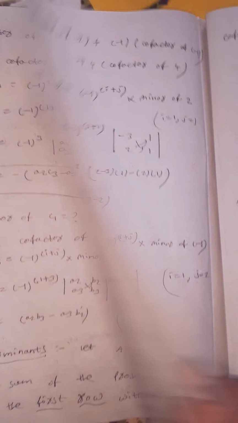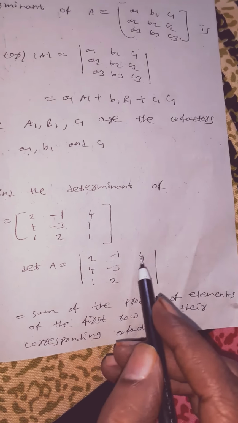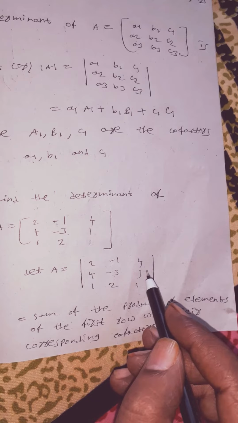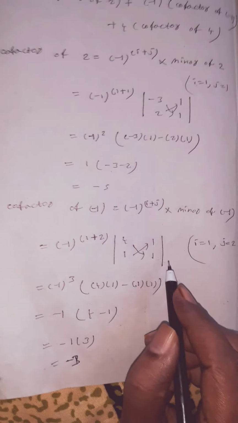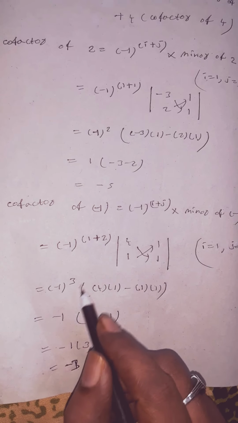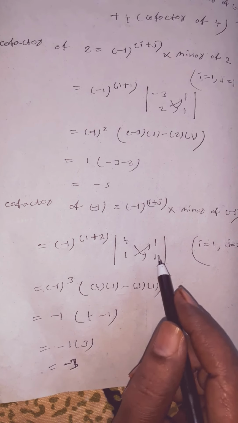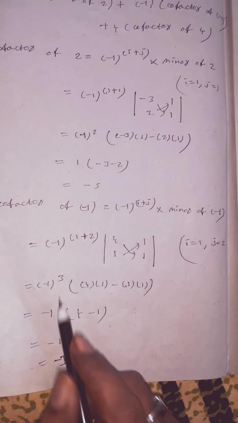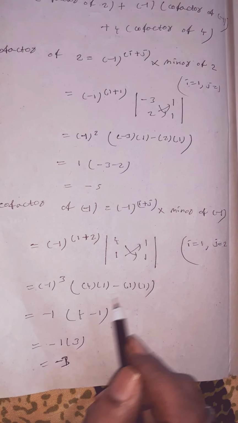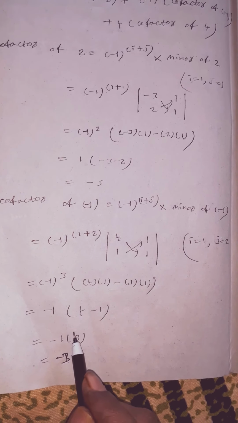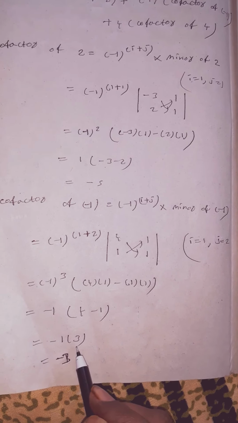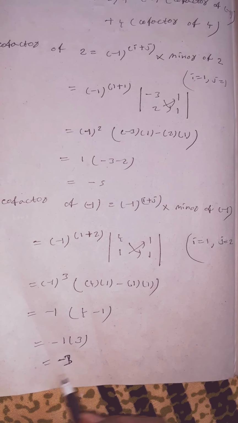We eliminate the first row and second column, and the remaining numbers are 4, 1, 1, 1. So minus 1 power 1 plus 2 is 3, and 4 into 1 minus 1 into 1. Minus 1 power 3 is minus 1, and 4 minus 1 is 3. Minus 1 into 3 is minus 3.